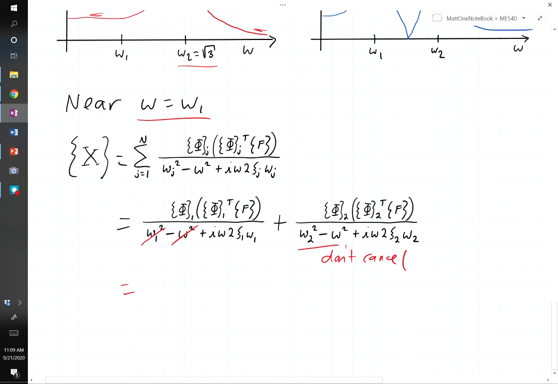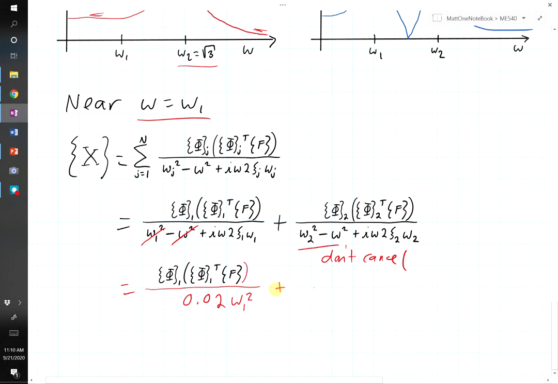So in this first term, we're going to have the quotient, so we'll have that numerator over something small, like 0.02 times omega 1 squared.